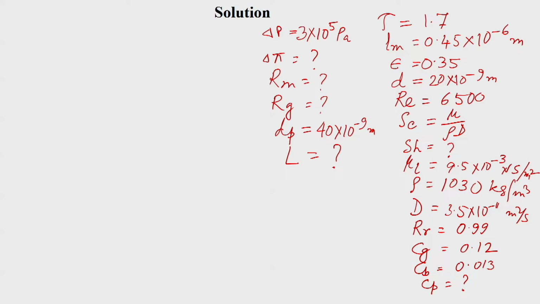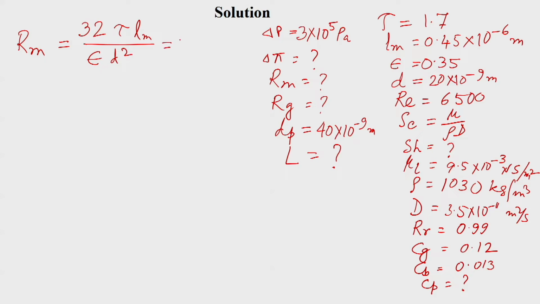So, first we will be calculating the membrane resistance. The formula, which again we will be deriving, is Rm equal to 32 tau into Lm divided by epsilon into d square.